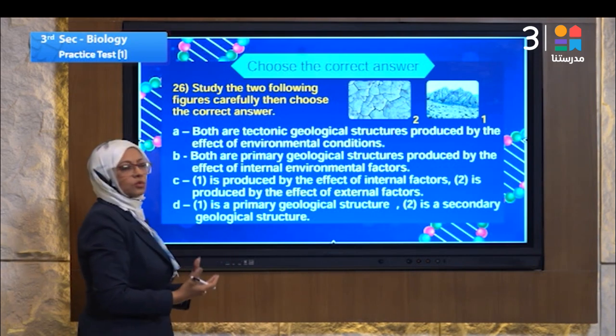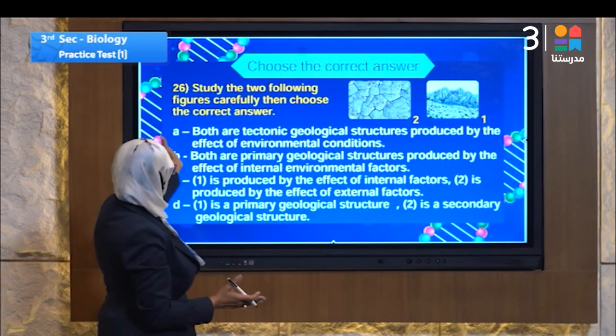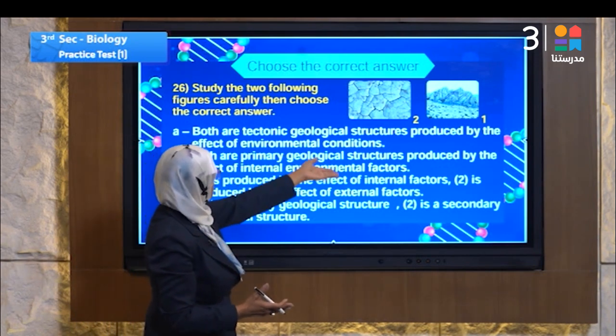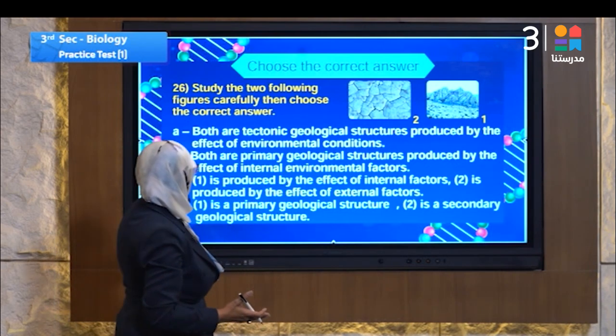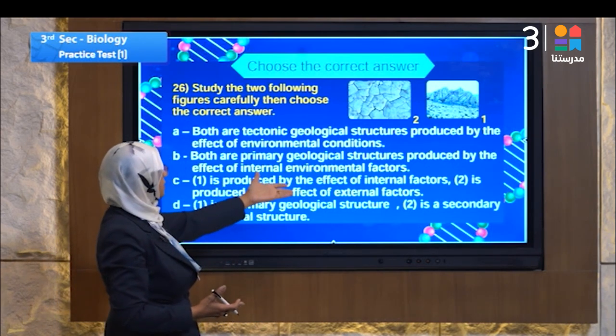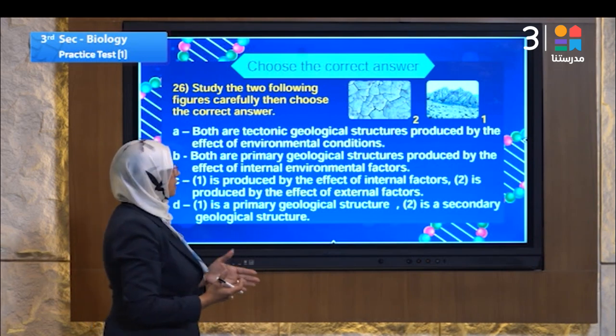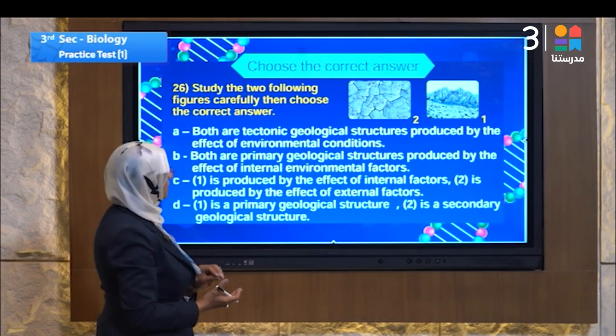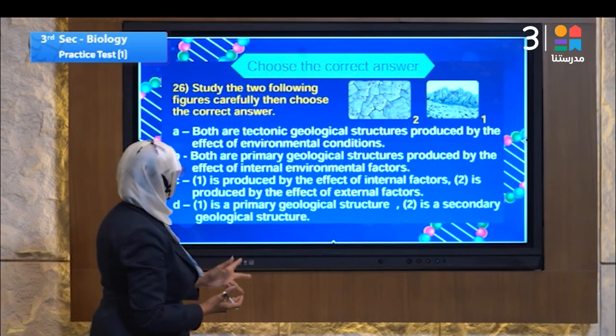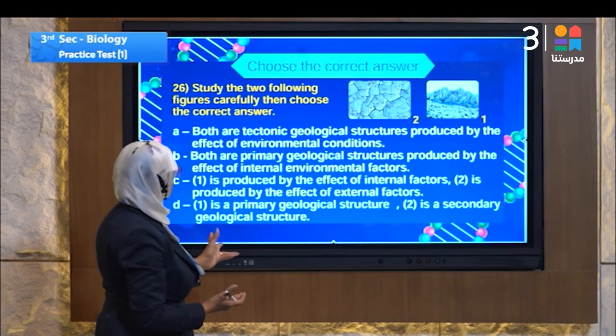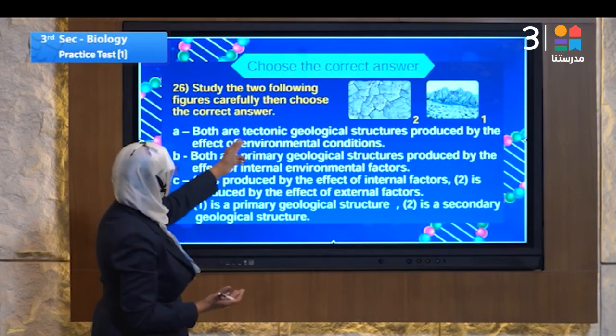to not be confused. Option A, both are tectonic geological structures produced by the effect of environmental conditions. No, one of them must be from the environmental condition and the other a tectonic geological structure. Here, the answer is both are tectonic.